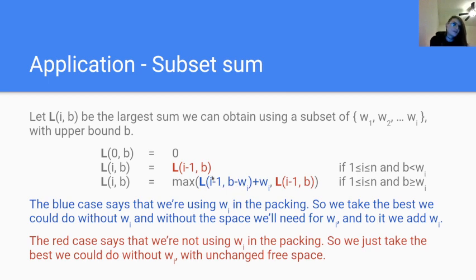We want the best that we could do with I minus 1 items and B minus W sub I space, plus W sub I. So we've added in the ith item. So here are our cases: blue is we're using the ith item, and red is we're not using the ith item. That's all this is doing. And we want to know which is the max, which one gives us the largest subset sum.